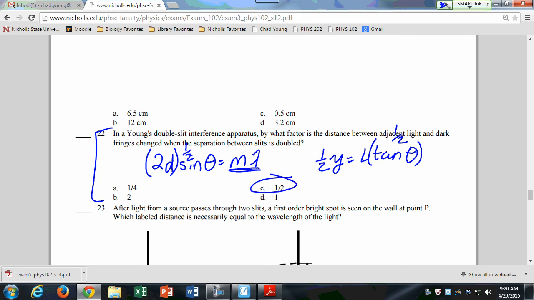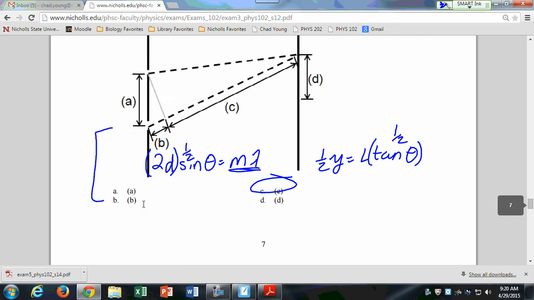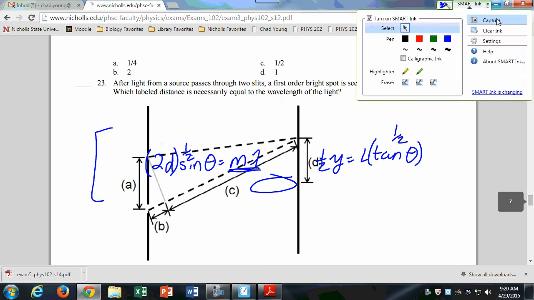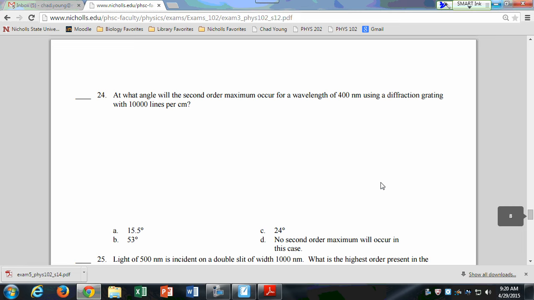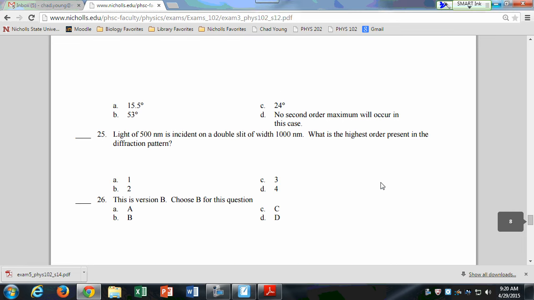So C is the right answer. Y'all follow that line of reasoning? If you're not entirely clear, go back to the concept test and look at this, because we did have this several times, and you'll see that on the test as well. All right. I think that the highest order, I showed you one of those. Remember, that's where theta equals 90, and you just solve for m.